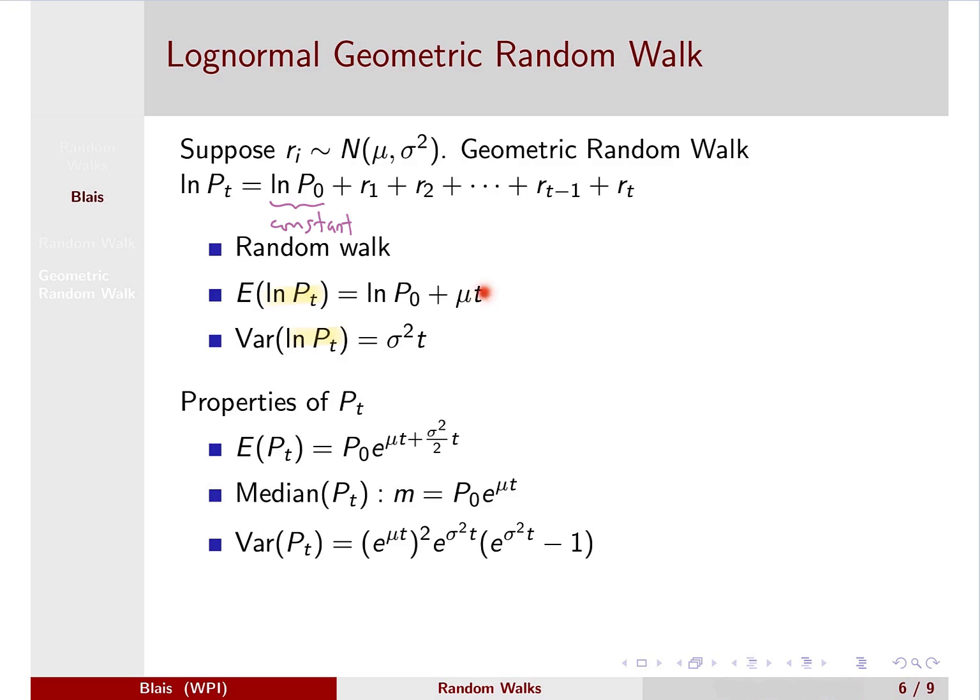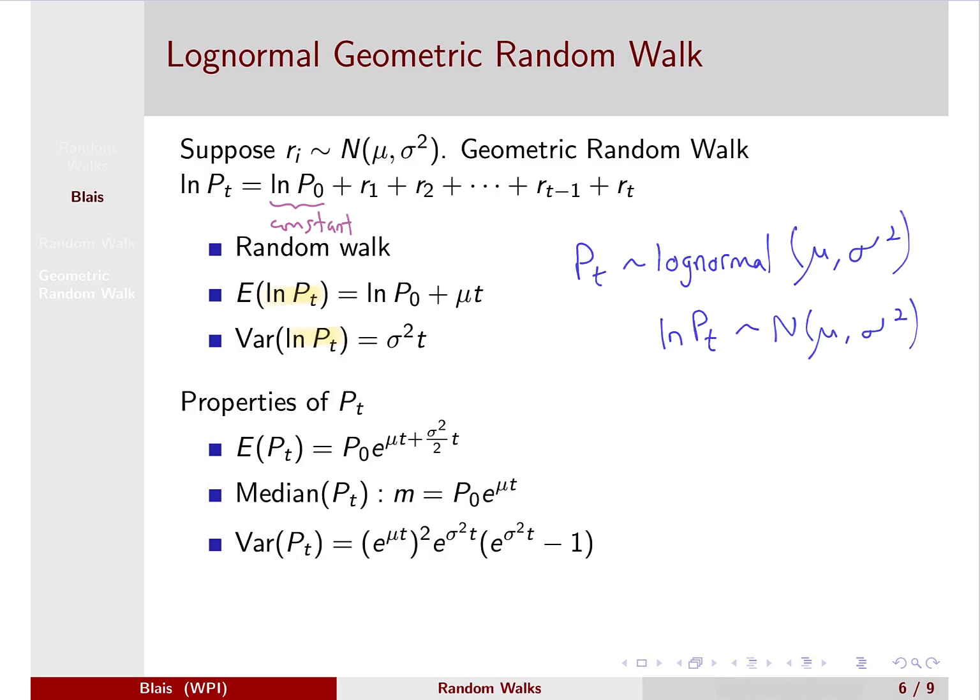And this is why we call P_t a log normal random variable, and we use mu and sigma squared. When we write it this way, we don't mean that mu and sigma squared are the mean and variance of P_t. We mean that the natural log of P_t is normal with mean mu and variance sigma squared. So if you take the log of P_t, you get a normal random variable.